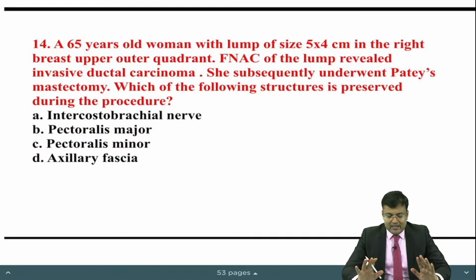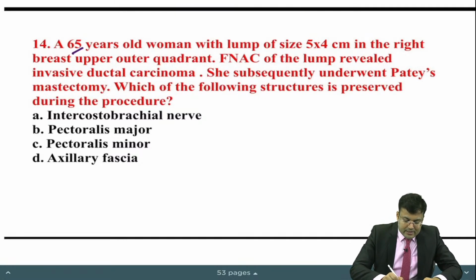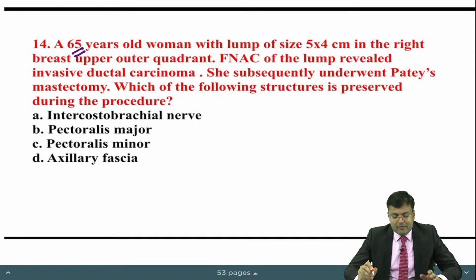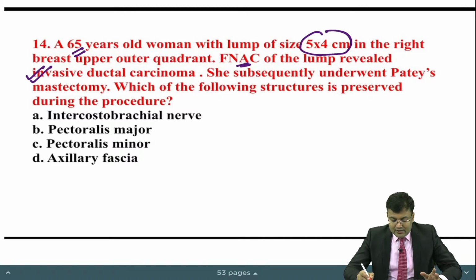Read this question and then tell me what is the correct answer. First, see the age. A 65-year-old woman with a lump of size 5 by 4 centimeter in the right breast upper quadrant. FNAC shows invasive ductal carcinoma. Which mastectomy was done? Patey's mastectomy.